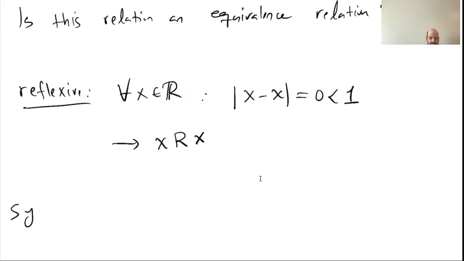But absolute value x minus z is 1.8, which is bigger than 1.